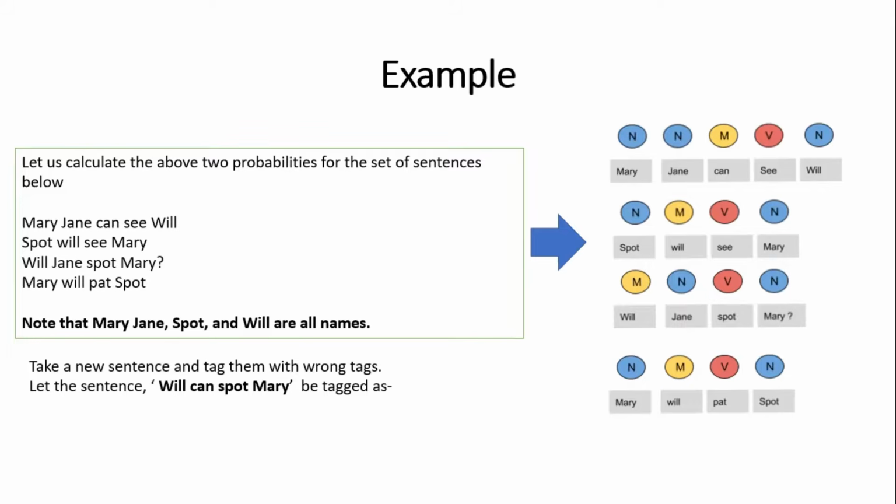So the transition probability can be defined as the likelihood of a particular sequence. For example, how likely is it that a noun is followed by a modal? In this example, you can see noun followed by modal. You need to check how many times we get that sequence, and modal followed by verb, that is M followed by V, and then V followed by N. We need to find the likelihood of this sequence.